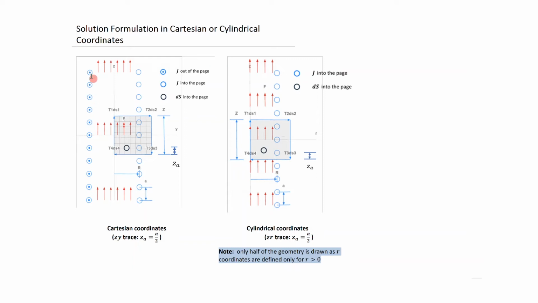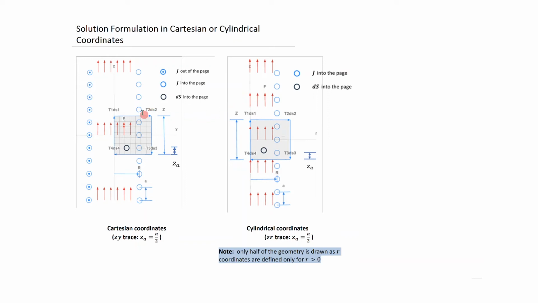So in this diagram, we've shown the coil system with z in this direction, y in this direction, whereas here we're only measuring with respect to the central axis in a positive sense. So this is r in a positive sense and z in a positive sense.